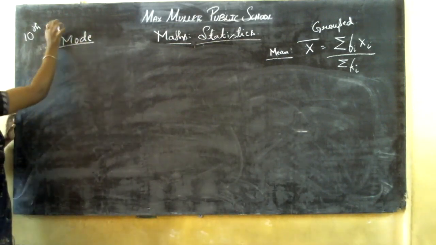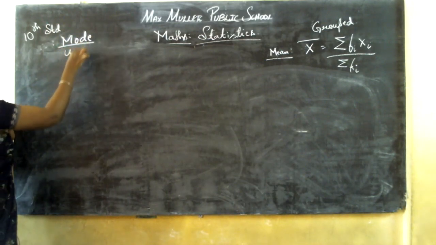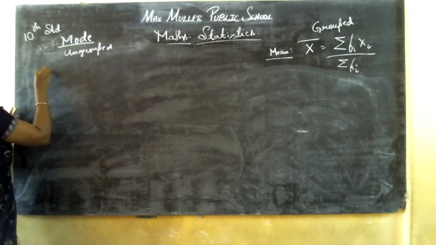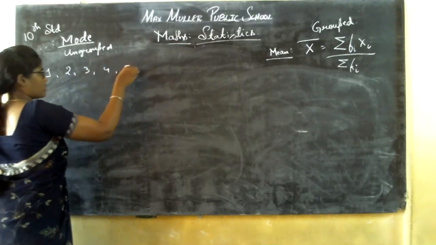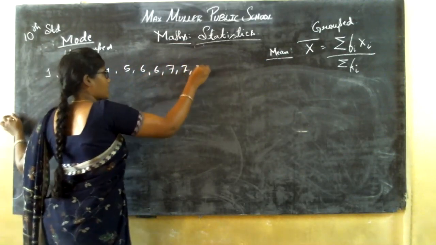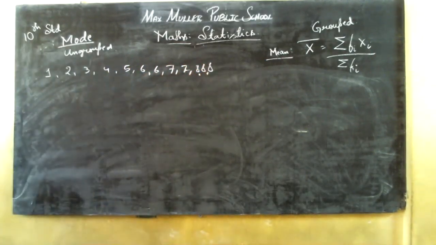For an ungrouped data, how are you going to find out the mode? So 1, 2, 3, 4, 5, 6, 7, 8. If this is the ungrouped data, which is the most repeated number?